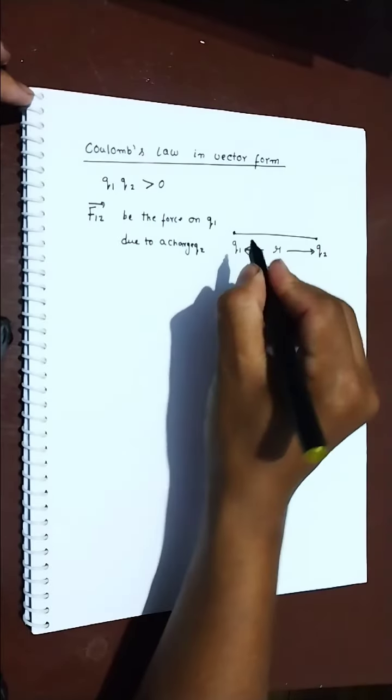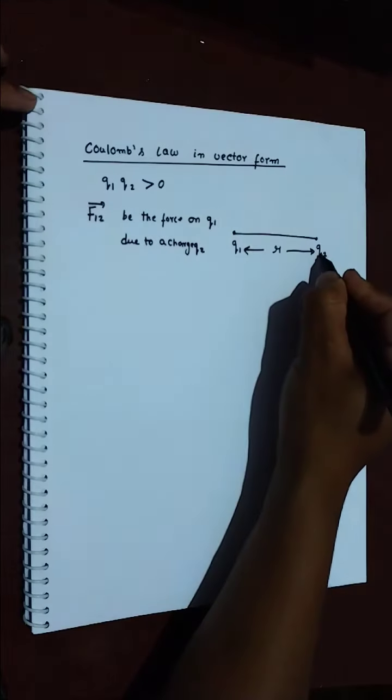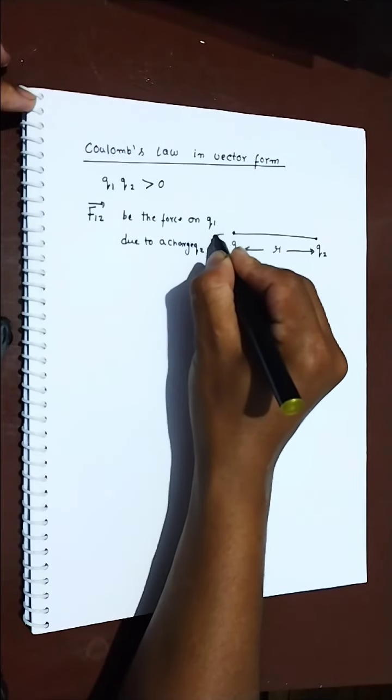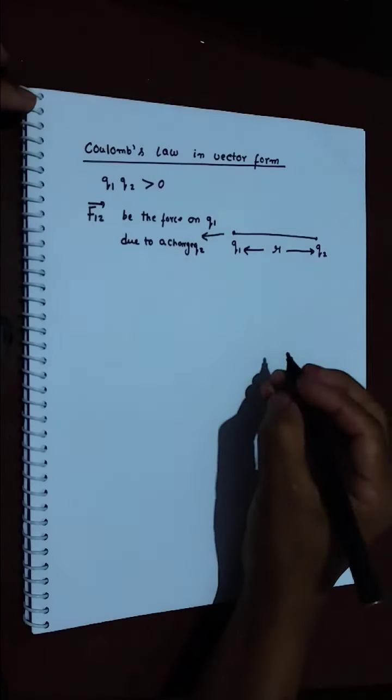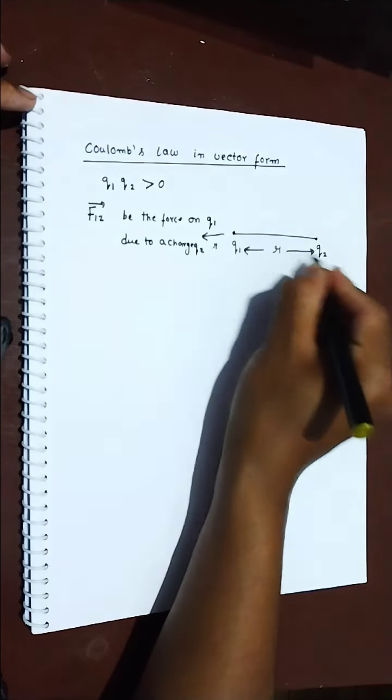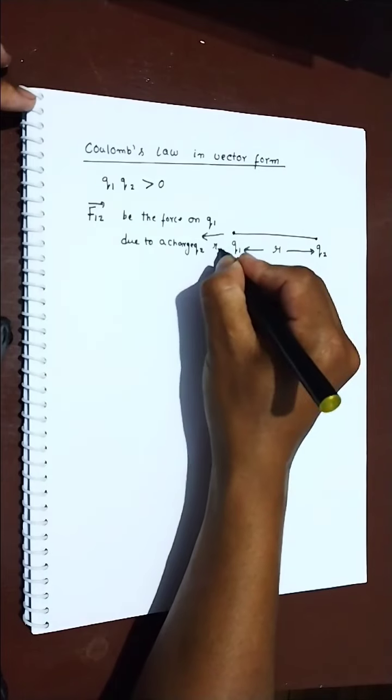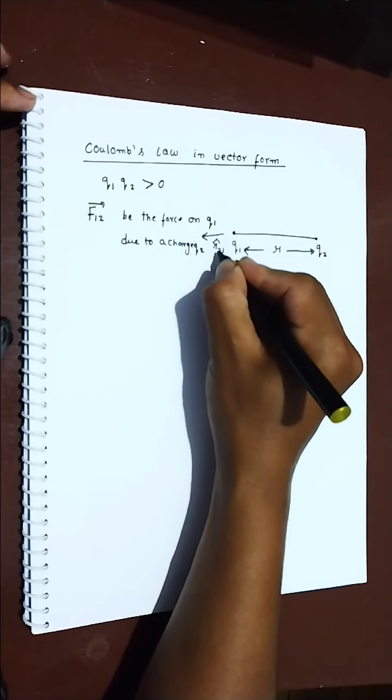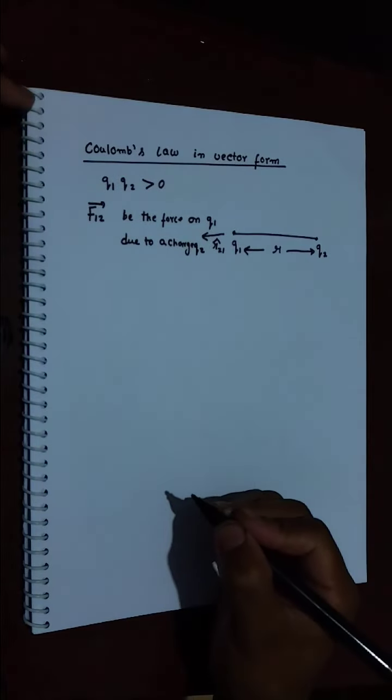Since the force is a repulsive force, the force on Q1 due to Q2 is in this direction. So let us represent the direction from 2 to 1 by unit vector R21 cap.